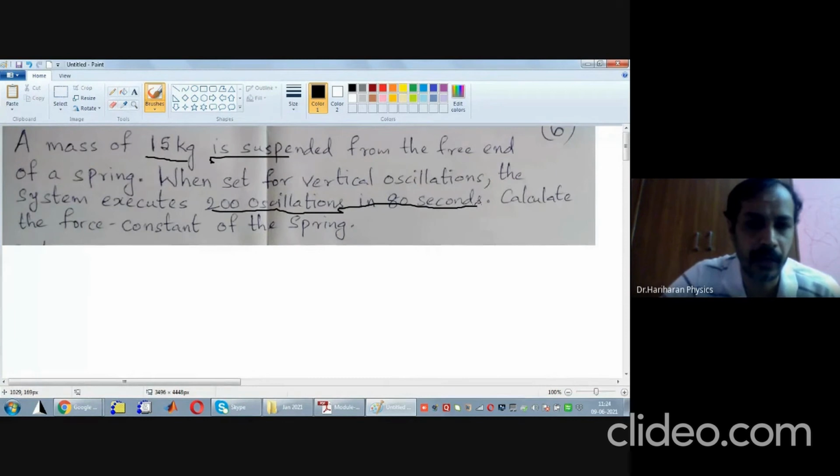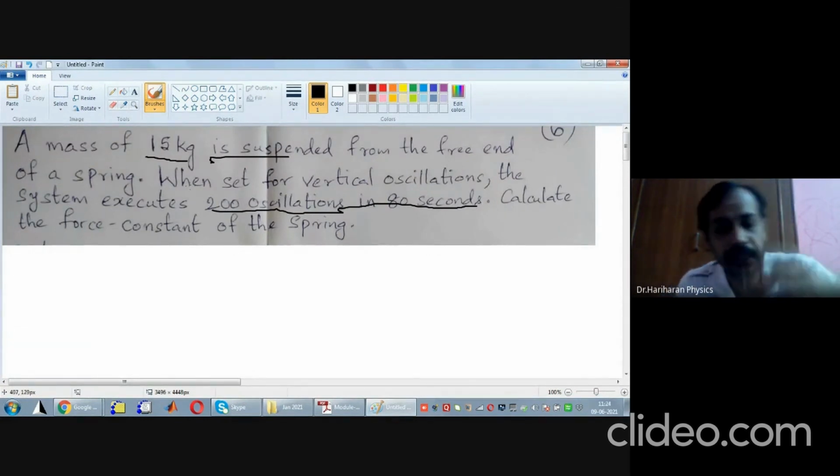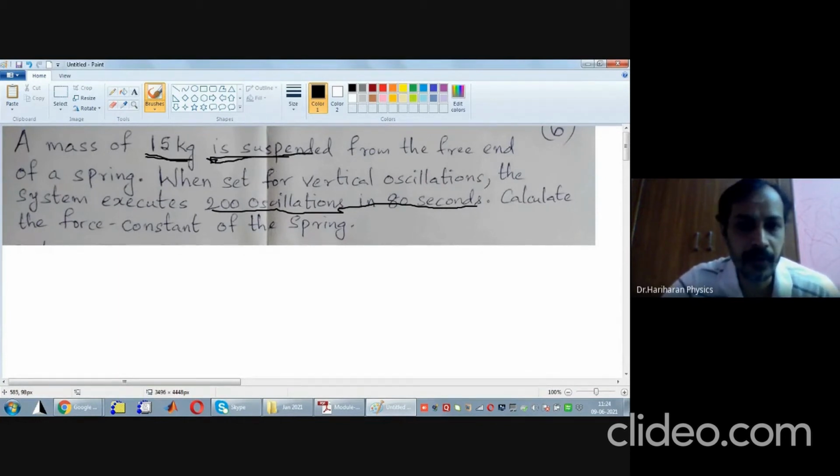Again, I'll read out the statement of the problem. This problem tells that a body of mass 15 kg is suspended from one end of a spring. When it is set into vertical oscillations, it executes 200 oscillations in 80 seconds.